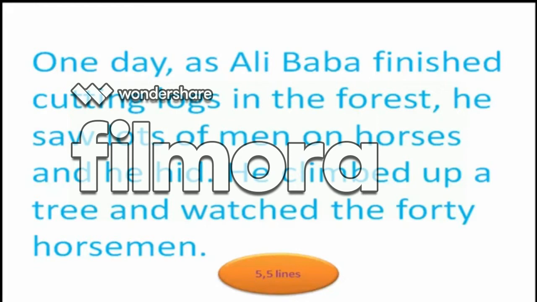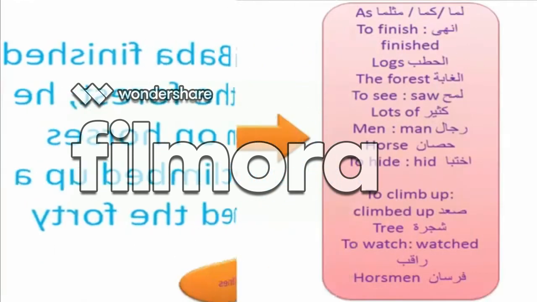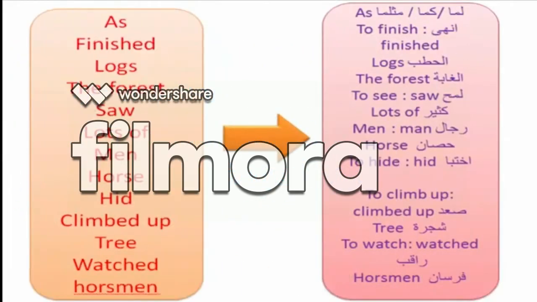Let us introduce and present the difficult words, providing Arabic translation. As you see on the left side: as, finished, logs, the forest, saw, lots of, men, horse, hid, climbed up, tree, watched, horseman.